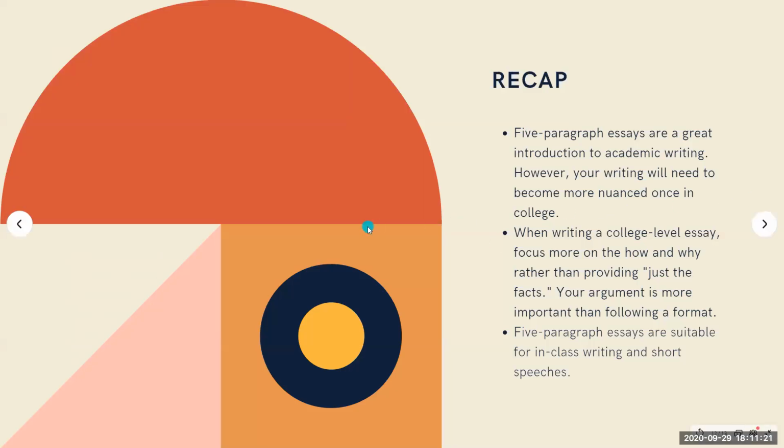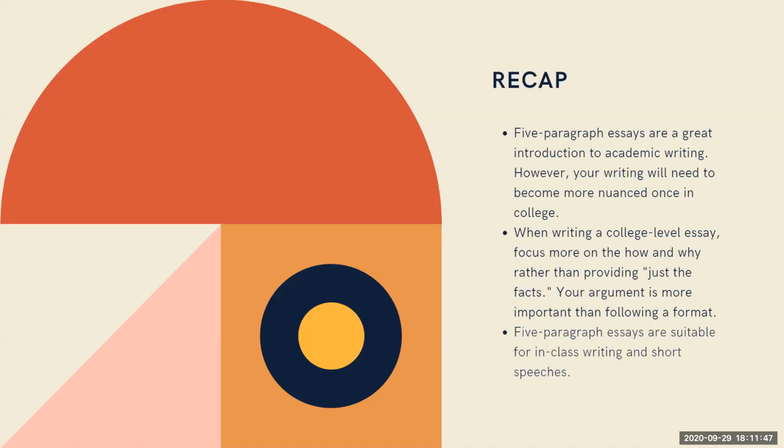So just a quick recap of what was covered. 5-paragraph essays are a great introduction to academic writing, which is why they're taught in high school. But as you continue your writing career in college, you want to become more nuanced, and you want to think more about the how and why whenever you write your arguments. You also want to focus more on providing more than just the facts.